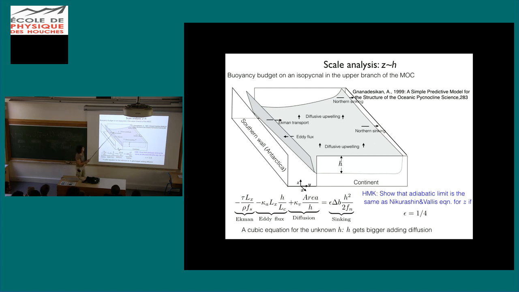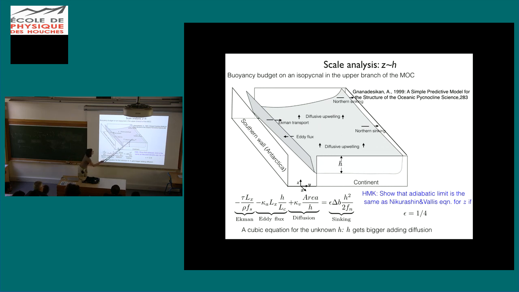So what comes in here is the Ekman transport. And it doesn't come out because, as we remember, the Ekman transport is returned way below this isopycnal. Then there's eddy fluxes that try to restratify, so they have the opposite sign. So in some sense, we can consider them as buoyancy getting out of that isopycnal.